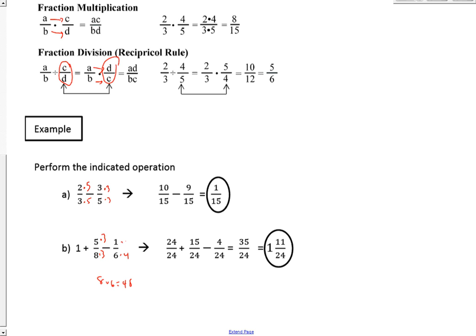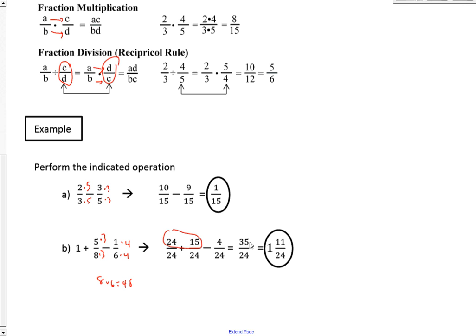So I'm going to multiply those numbers, top and bottom, by 4, which gives me 4 over 24. And then I subtract 15 minus 4. Oops. Now I'm first going to add 24 plus 15, which is 39. And then 39 minus 4 is 35 24ths.